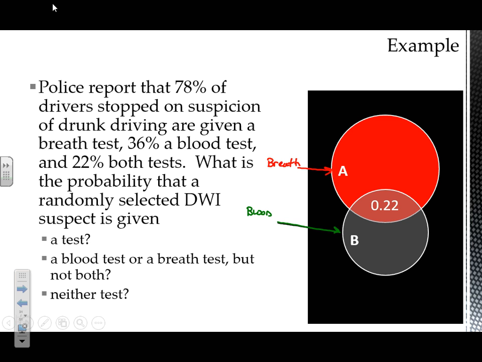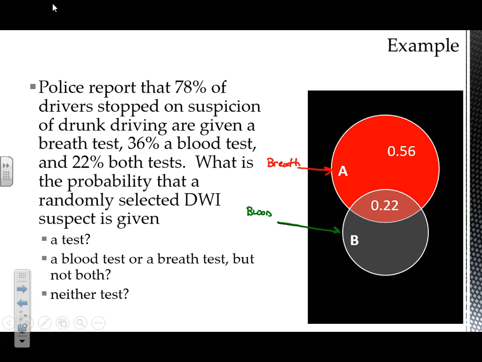So if I want the probability that they get a breath test, but not a blood test, what do I have to do? I have to take my 78 minus the 22. So we're going to subtract the 22% that works for B out of the 78. So that's where I'm going to get 56%. So 56% of my drivers get just a breath test.